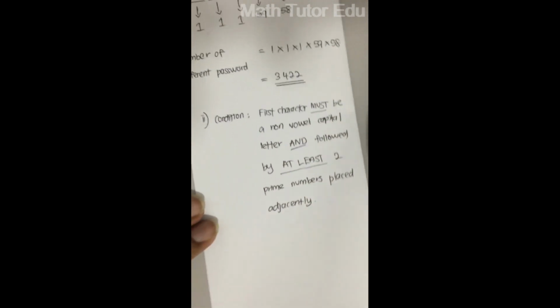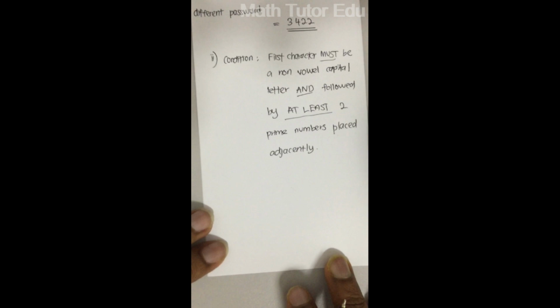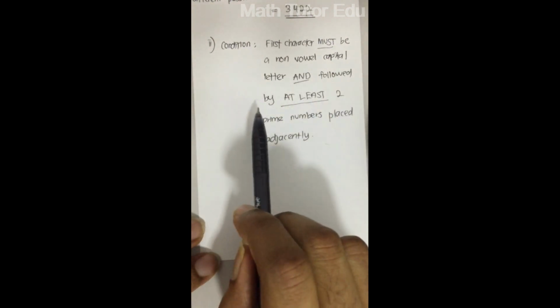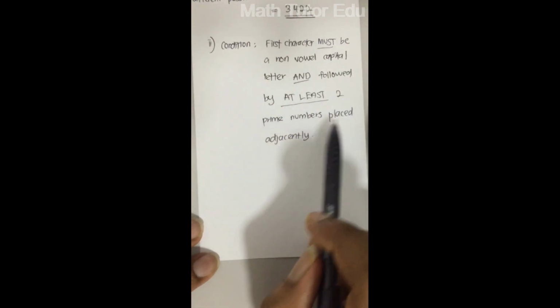Okay, so let me read the condition again. The first character must be a non-vowel capital letter and followed by at least 2 prime numbers placed adjacently.